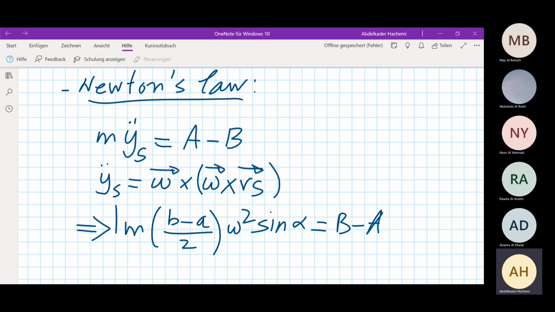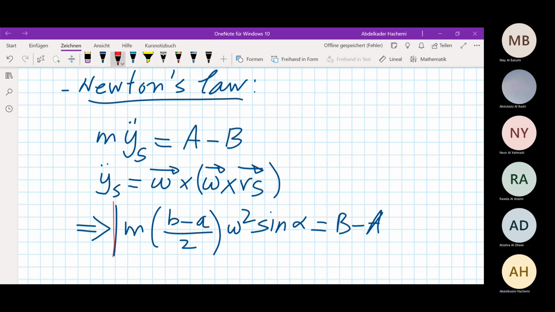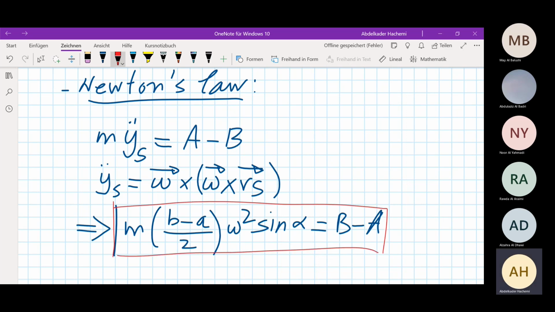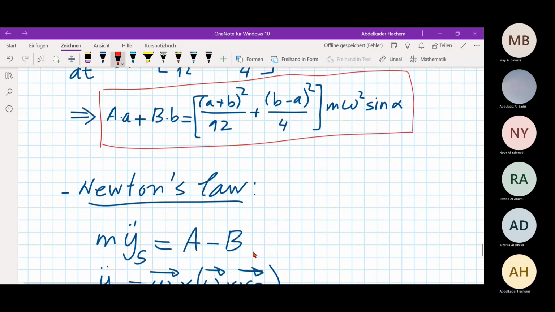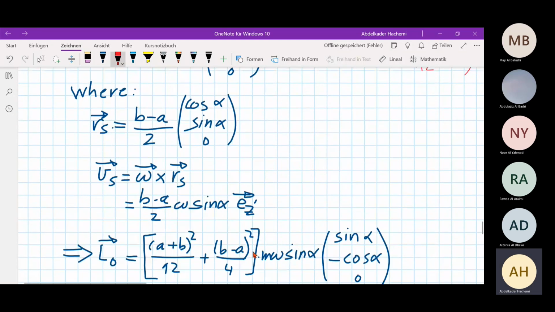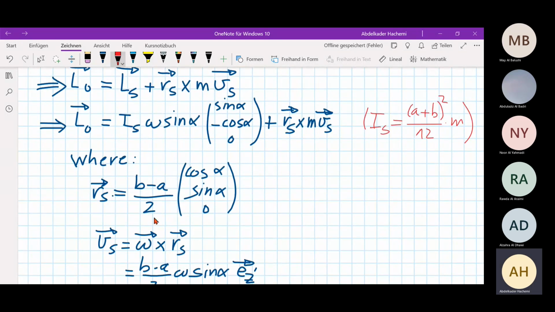This is now the second equation. rs is the position to the centroid, which has been determined here in this equation.